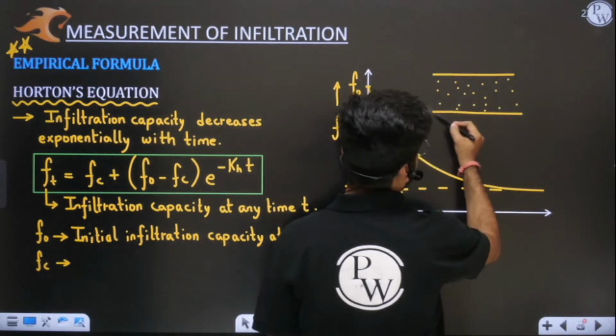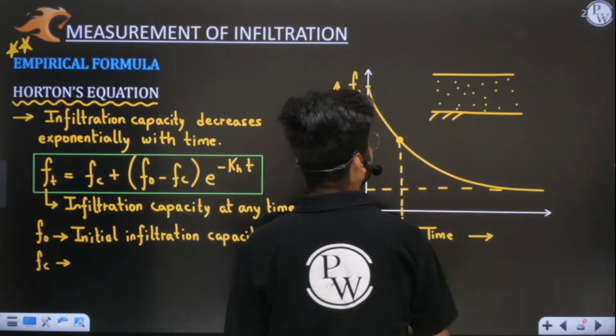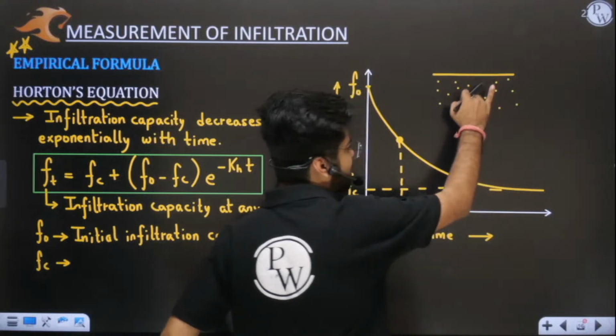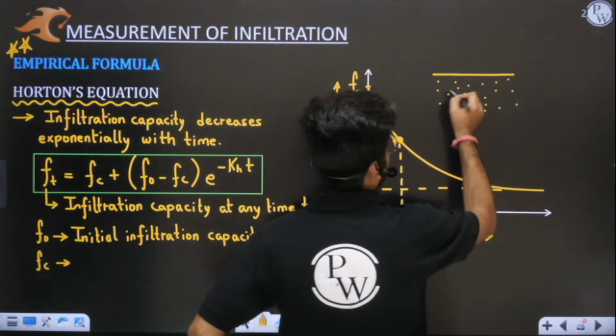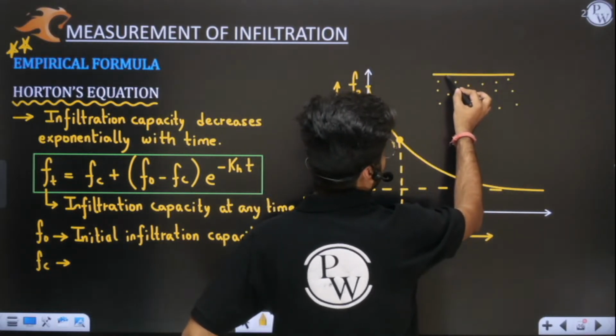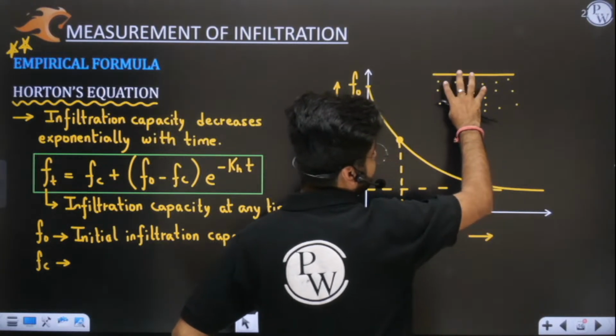Below this no water will go, or let us assume this is a semi-infinite medium. Semi-infinite means that this is continuing endlessly. Now rainfall is happening. Initially too much infiltration is there, and you need to understand that whatever water is going, see, soil is dry now.